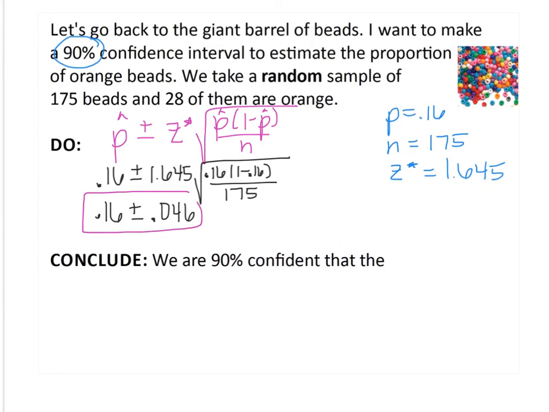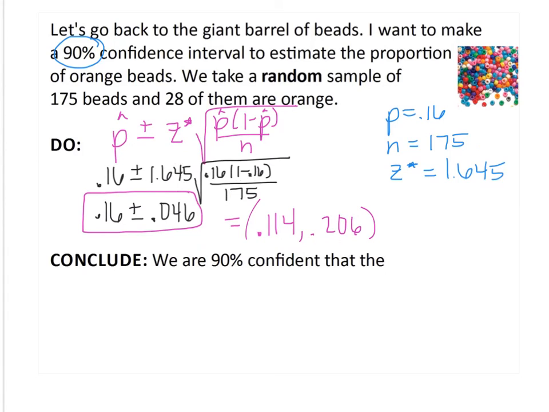You could leave it like this, or if you wanted to do the plus or minus portion of it and actually get your bounds, 0.16 minus 0.046 gives me 0.114. So when I do the subtraction, I get 0.114. When I do the addition, I get 0.206. So this is my interval.